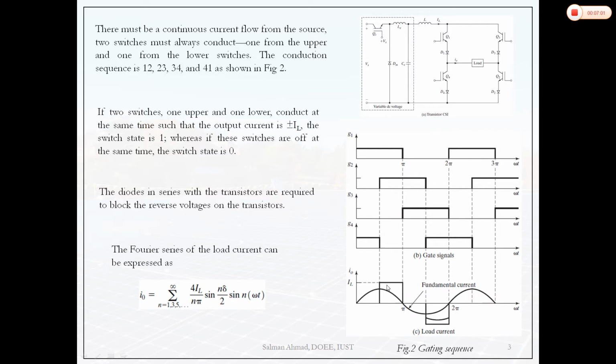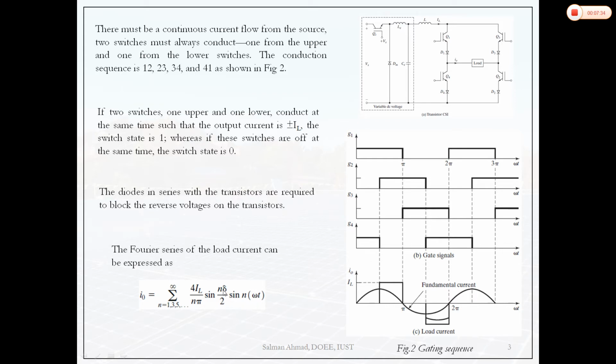By changing the width of this pulse, we can change the magnitude of the current that is applied to the load. If you do the Fourier series analysis of this quasi square waveform, you will find that I naught is given by, like we have done in voltage source inverters, 4IL upon n pi, that will be the peak magnitude, multiplied by sine n delta by 2, where delta is the width of this pulse, times sine n omega t.